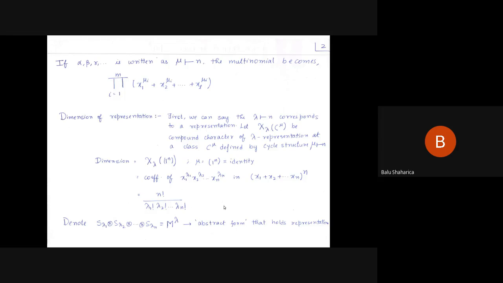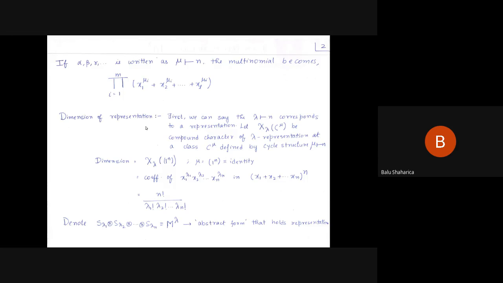And we will call this space, where all my irreps corresponding to some lambda live, the permutation module. It's basically a vector space, and it has a basis, and we will look for the basis of this permutation module.